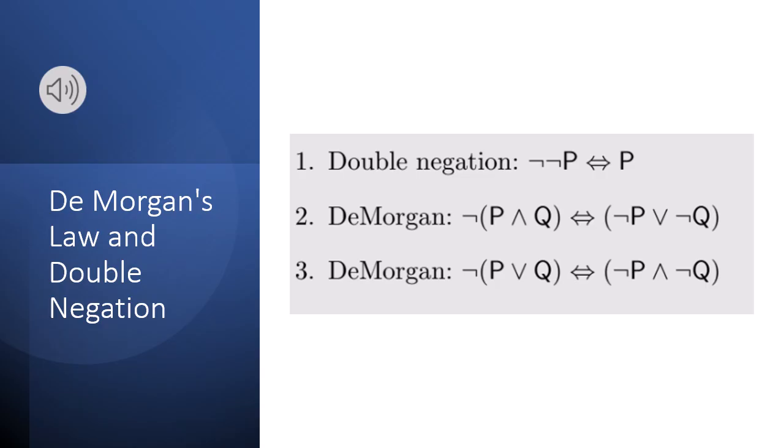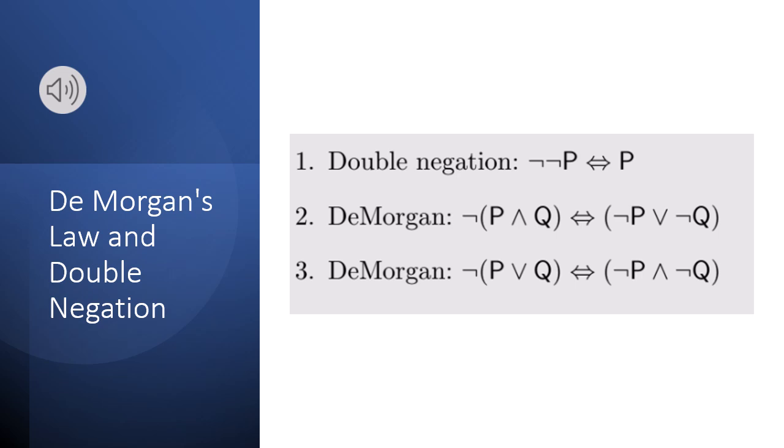The other two laws that you're seeing here are De Morgan's laws for conjunction and disjunction. And they give a really nice connection between disjunction and conjunction. So let's focus in on that second one.